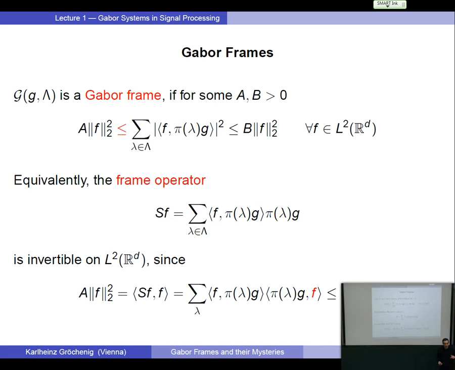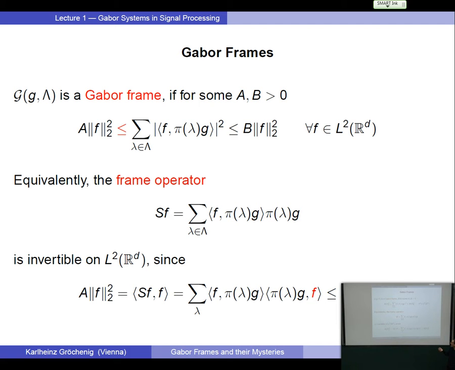So then we saw that for, say, speech processing, signal segmentation plus Fourier series, we needed Gabor frames. So essentially we sample f, or we take correlation with time frequency shifts along the lattice lambda, take the discrete L2 sum, and you talk about a frame, a Gabor frame, if this discrete L2 sum is equivalent to the L2 norm of f.